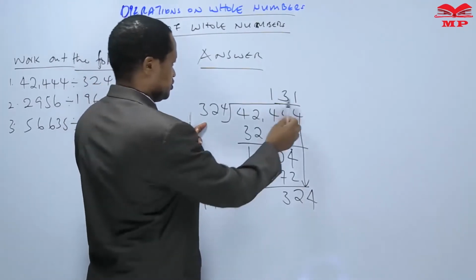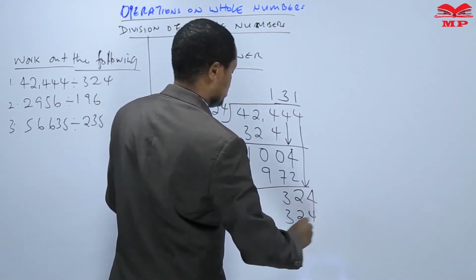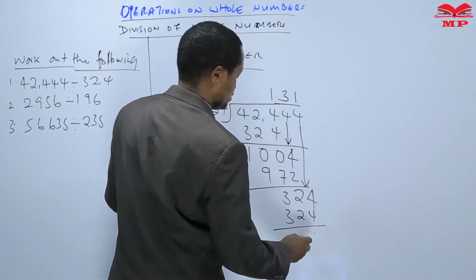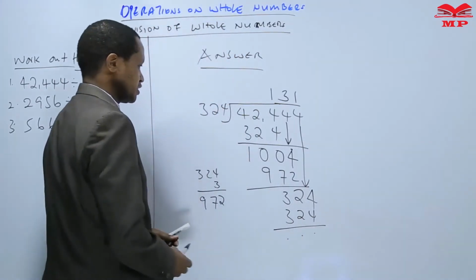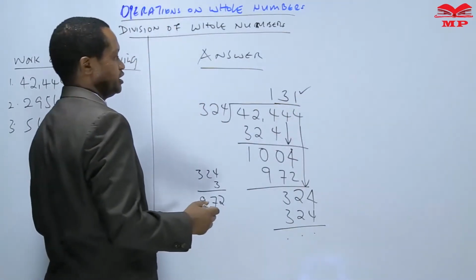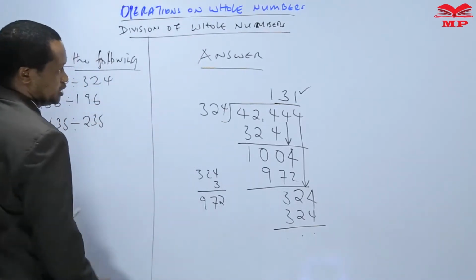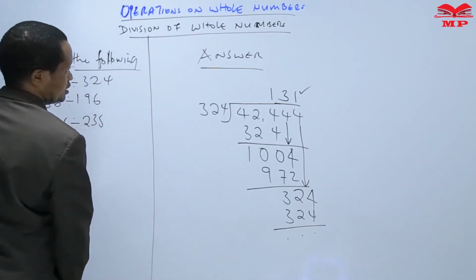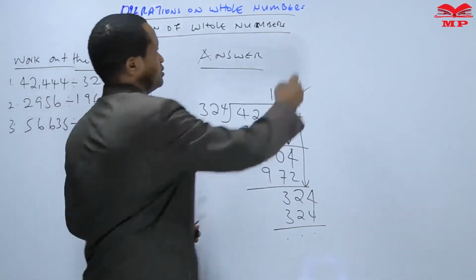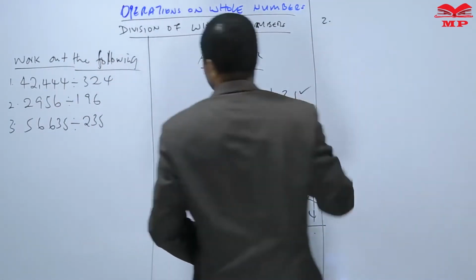So we have 1 times 324 gives us 324. So we have 0, 0, 0. The answer is 131.